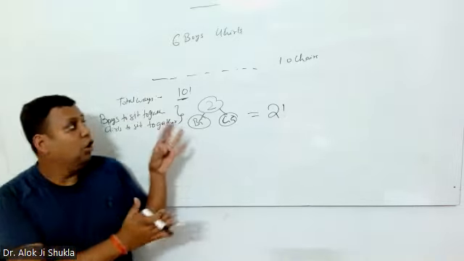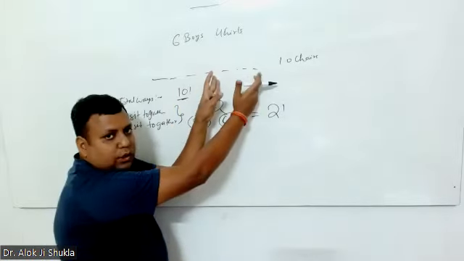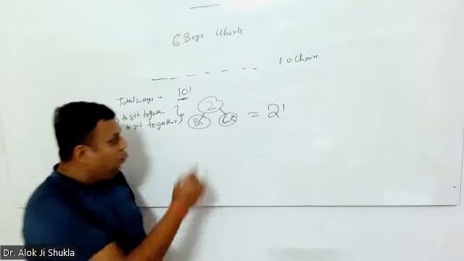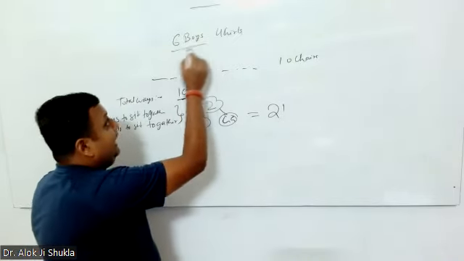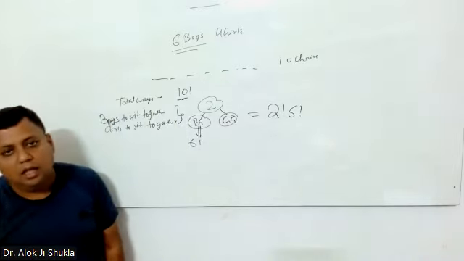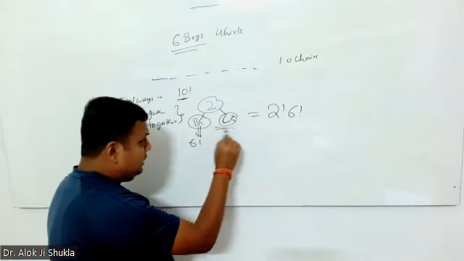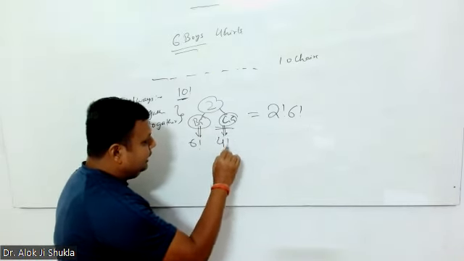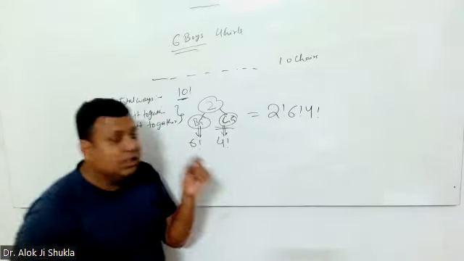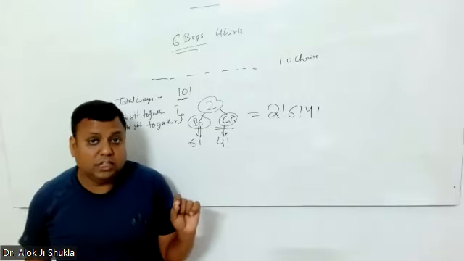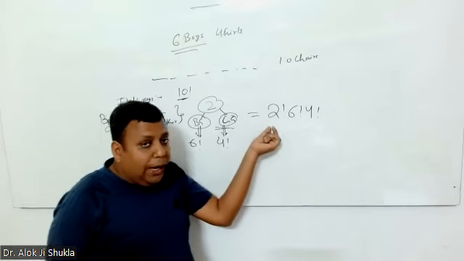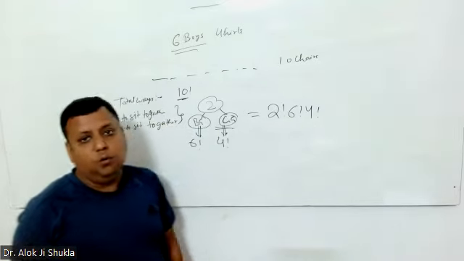So either I can seat all the boys over here and girls over here, or girls over here and boys over here. Now, within this boys group, I can arrange these 6 boys in 6 factorial ways. And within this girl group, I can arrange these girls in 4 factorial ways. The total number of ways is 2 factorial into 6 factorial into 4 factorial. Why into? Because we are doing it simultaneously.